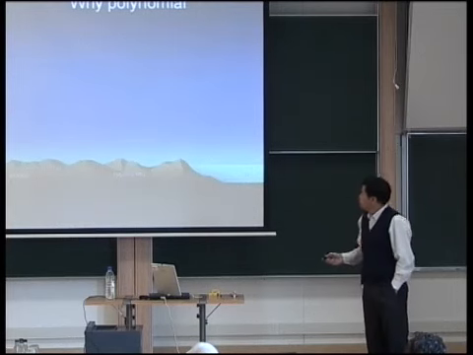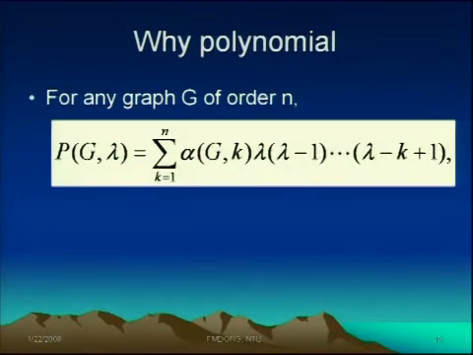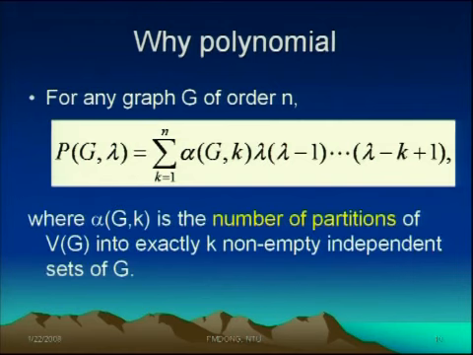What is a chromatic polynomial? It's very easy. There is another expression showing that the chromatic polynomial is really a polynomial. For every graph of order n, we can always find the number of partitions of the whole vertex set into k non-empty independent sets.